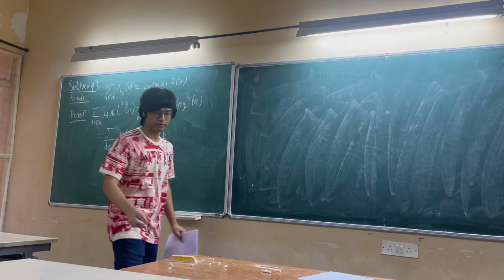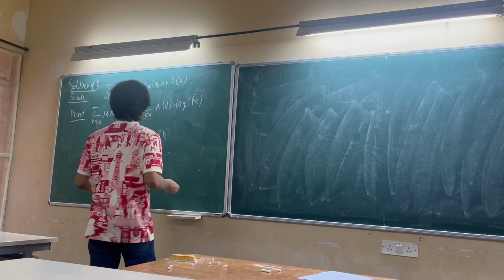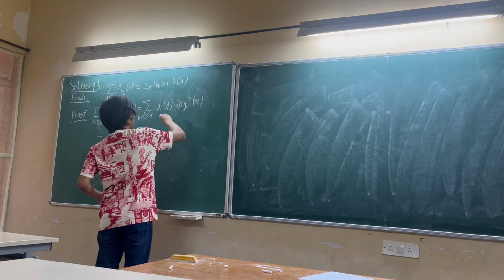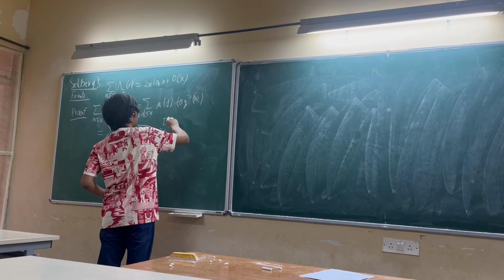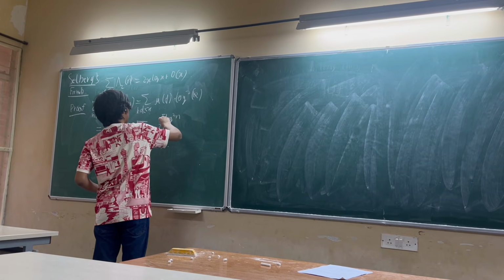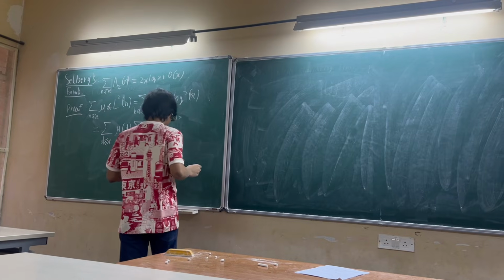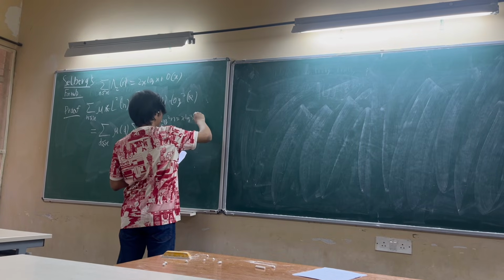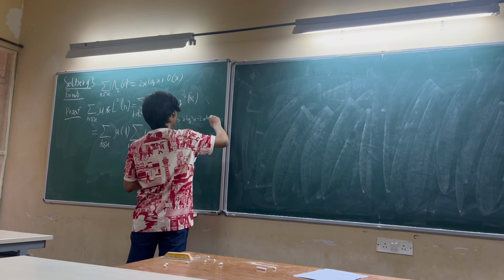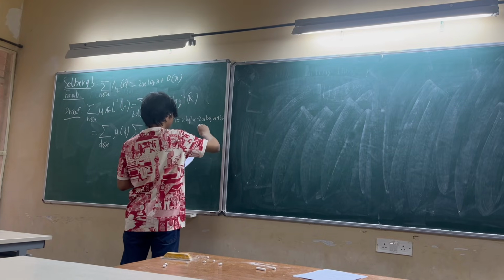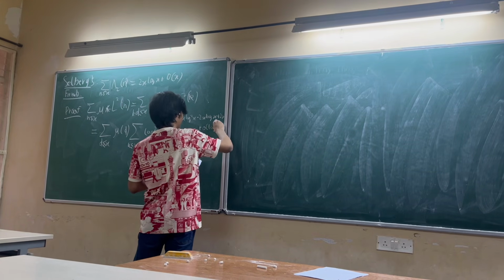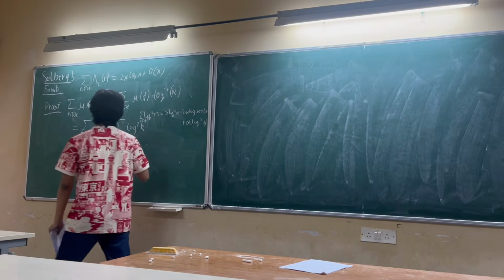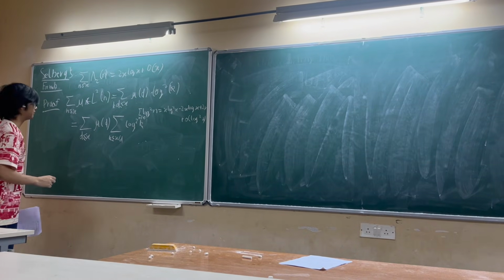We recall the formula for the summation of log squared n, n less than or equal to x, is x log squared x minus 2x log x plus 2x plus something of the order of log squared x. This was the formula that we found out earlier, and we are going to use this formula and substitute it in here to find our expression.